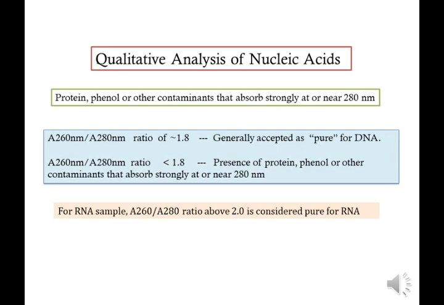The ratio A260/280 of approximately 1.8, or between 1.7 and 1.9, is generally accepted as pure for DNA. A ratio of A260/280 less than 1.8 indicates the presence of protein, phenol, and other contaminants that absorb at or near 280 nanometers.